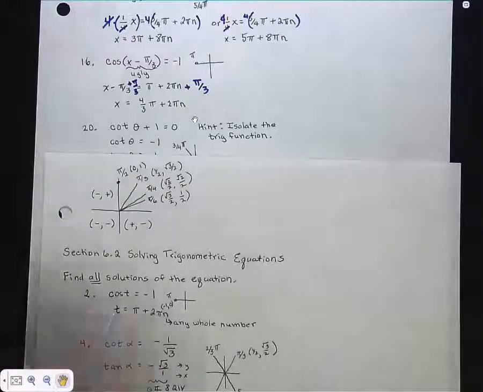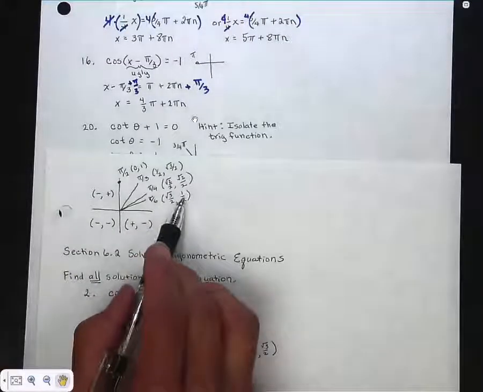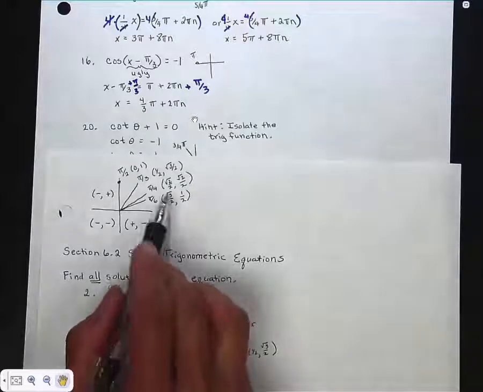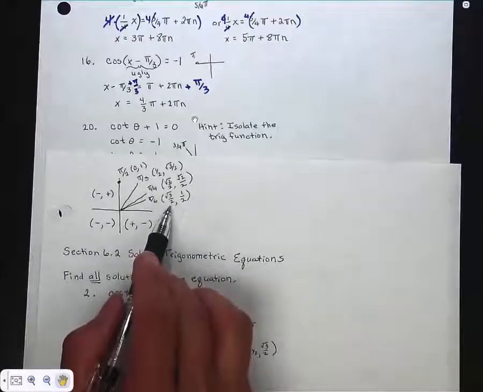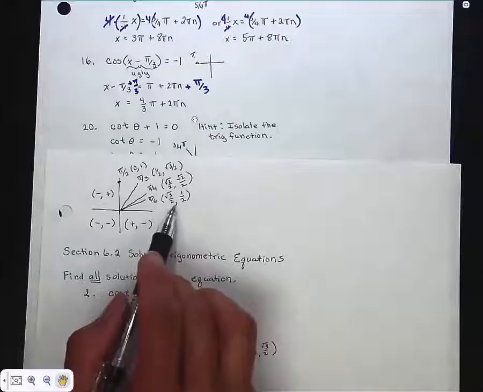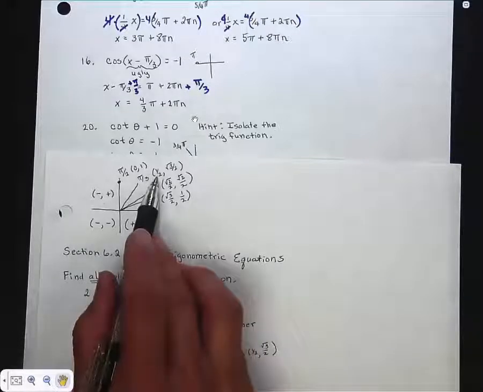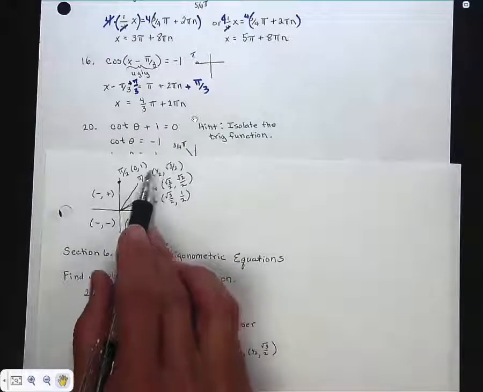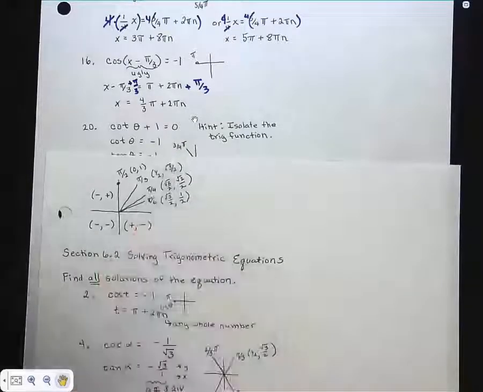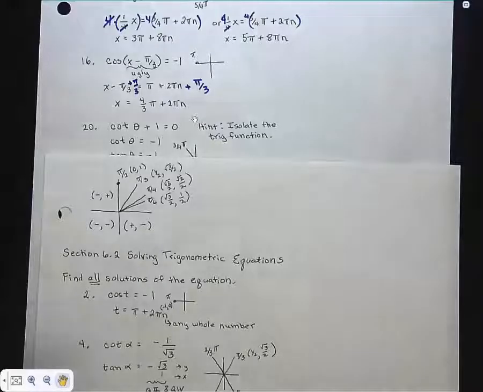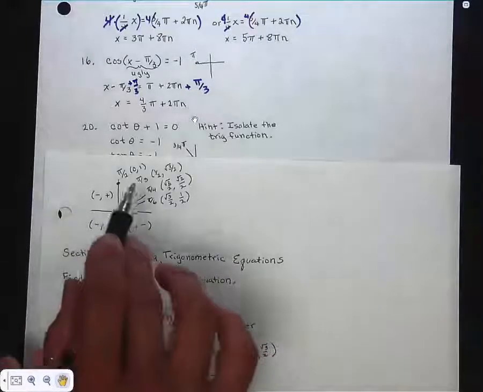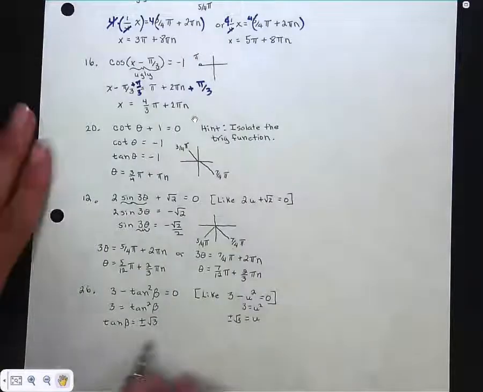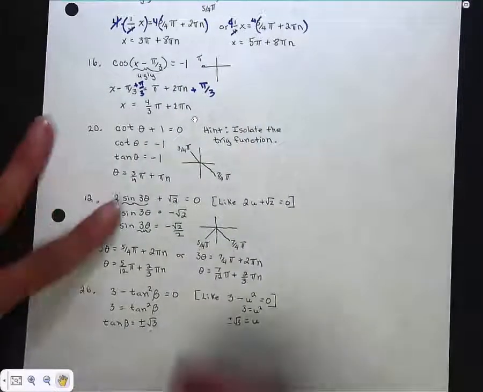Well, at pi over 6, the y divided by the x, flip the x, the square root of 3 is going to be in the denominator, and that's not what we want. At pi over 3, the y divided by the x, you flip the x, the 2's cancel, the 3 would end up in the numerator like you want. So pi over 3 is one angle where tangent is square root of 3.